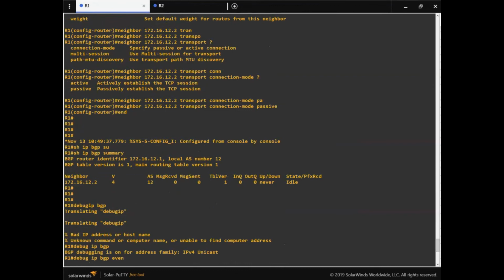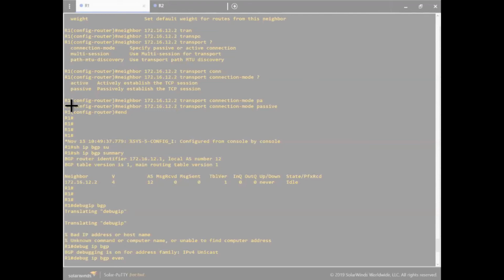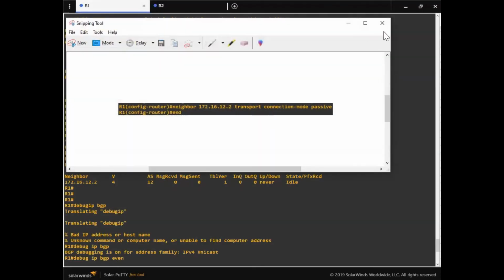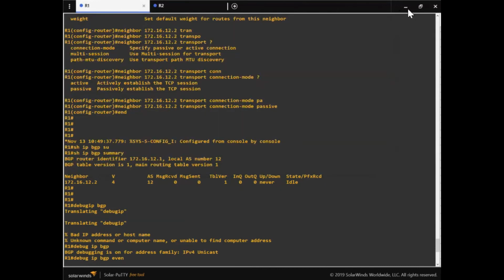This is the command. Let me highlight it. Here I am putting the neighbor as passive. So instead of actively sending each and every request, I am putting it in a passive state. So these are some of the states which I talked about.